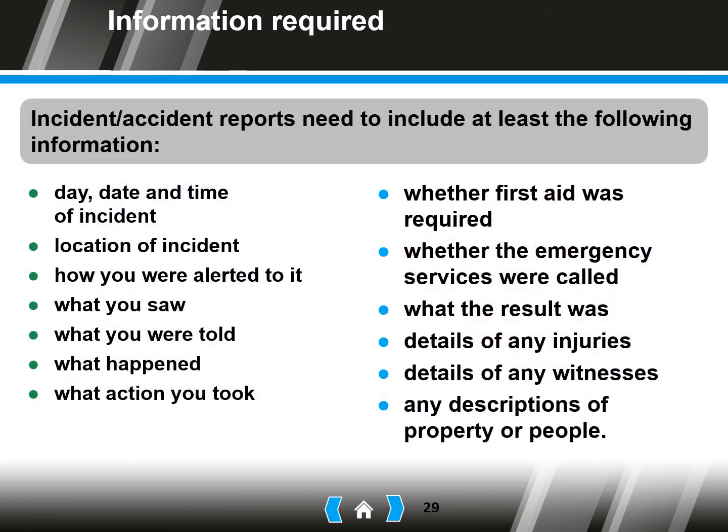So your incident or accident report needs to include at least the following information: the day, date and time of incident, the location of the incident, how you were alerted to it, what you saw and what you were told, what happened and what action you took, whether first aid was required, whether the emergency services were called, what was the result, details of any injuries or witnesses, and any descriptions of the property or people involved.